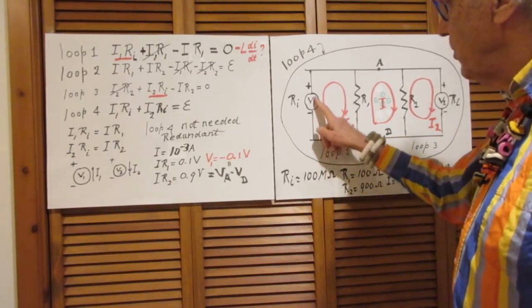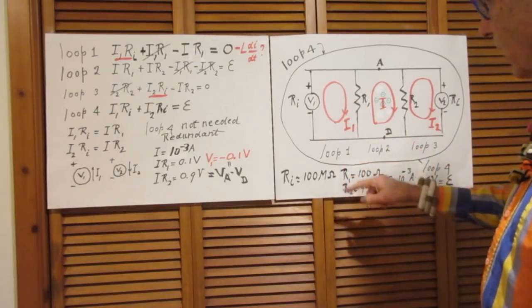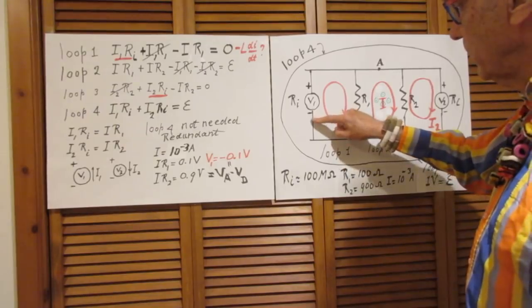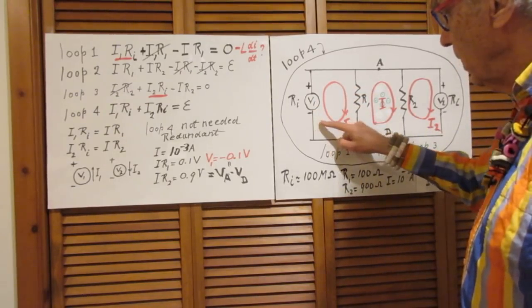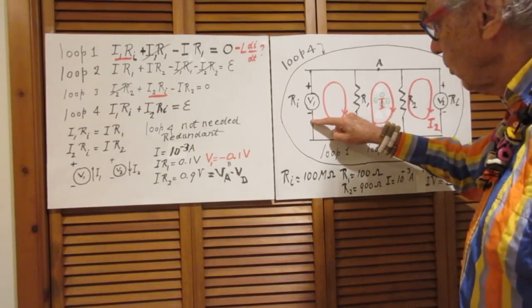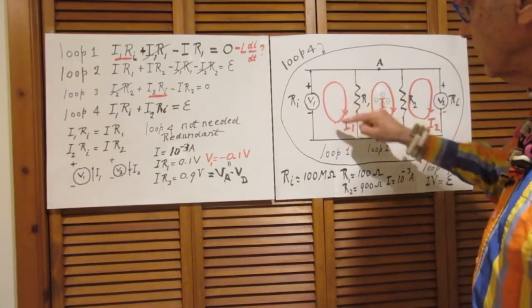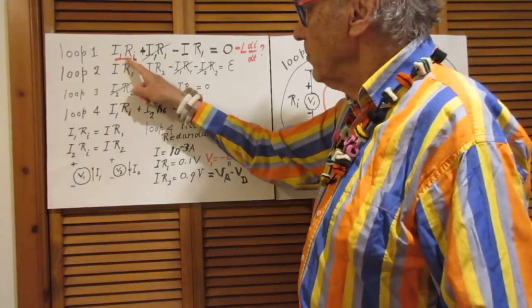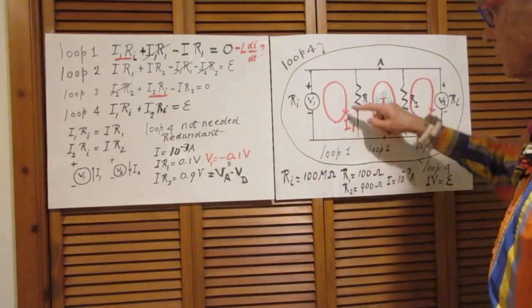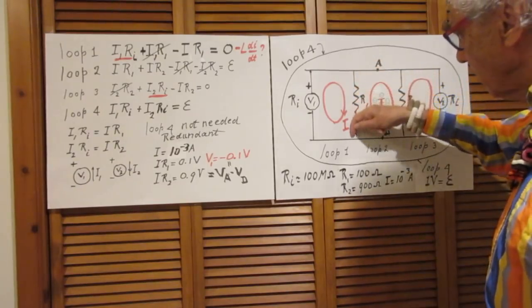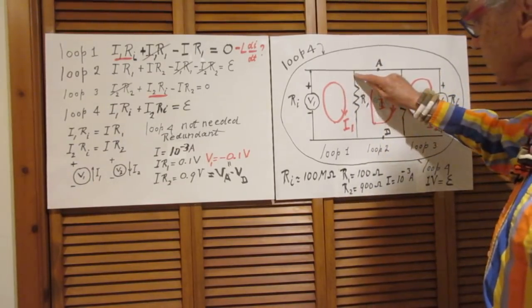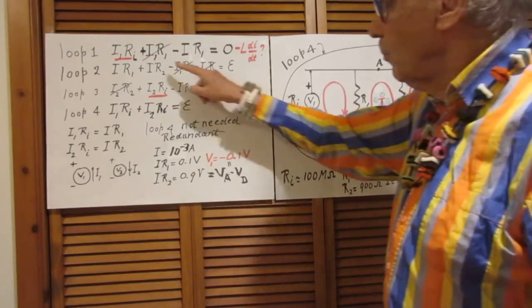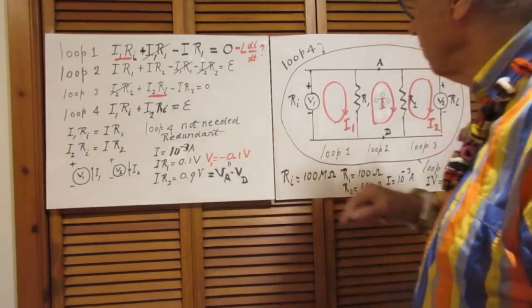I1 is going up in this direction. This point has a higher potential than that point because of this current. This is called my positive current, and so the integral E dot dl from here to here is I1 times R of I. The positive current is going down through here, so the potential difference between here and here is I1 times R1 plus I1 times R1.